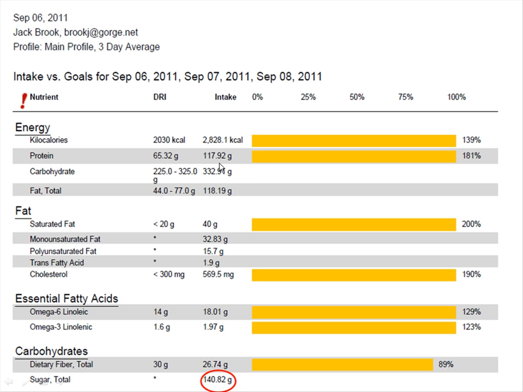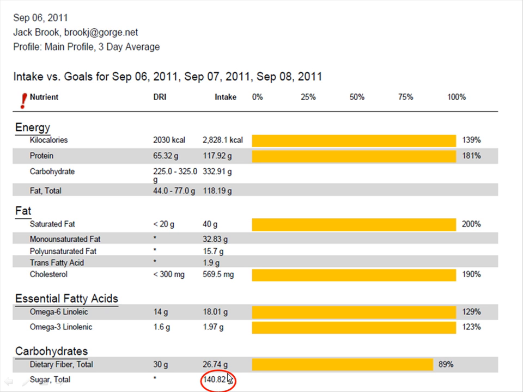And then the carbohydrates here's your total carbohydrates, is going to include both the complex and the sugar. So what we're going to have to do is determine, from this total carbohydrates, eventually how much was complex and how much was sugar.